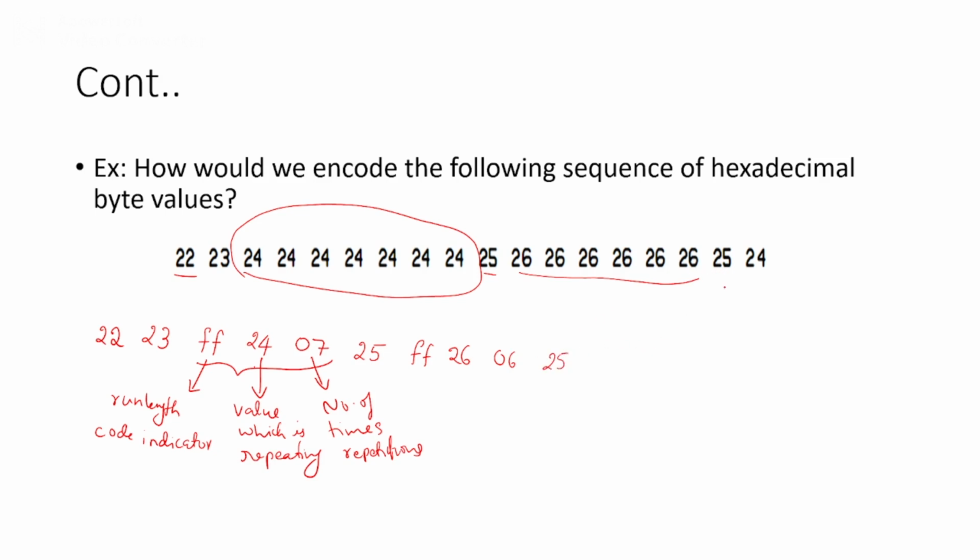It is only once, not repeated. So next comes 24, which I am going to write as it is. Once again, you had 6 spaces over here that got reduced to 3. So this is how you are going to reduce the size of the particular pixel values.